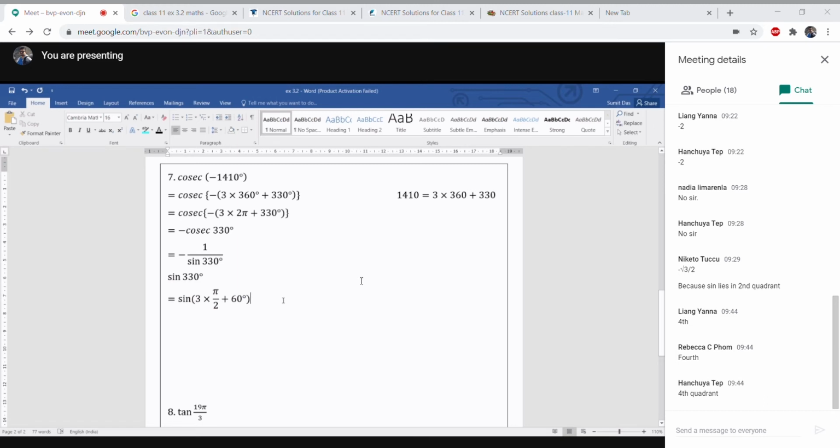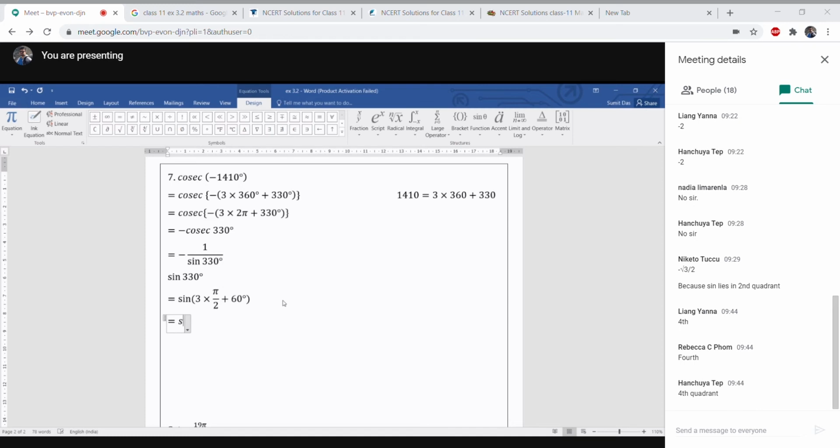So next, sine. First tell me what is the coefficient of pi by 2? 3. Is 3 odd or even? Odd number. That means sine will change to cos. Right. And which quadrant is this? Sine 330 is in the fourth quadrant, and in the fourth quadrant we know sine is negative. So it will be minus cos 60 degree. What is the value of cos 60 degree?